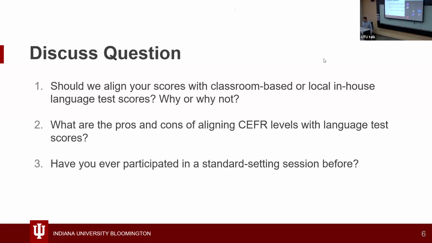So to me, I would take a really far extreme stance though. I would agree that we need to align our in-house tests with whatever benchmark or yardstick that you're holding on to, right?